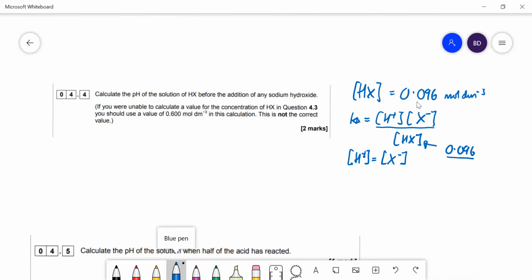So that gives us Ka is equal to H plus squared, because H plus is equal to X minus, over the concentration of HA.